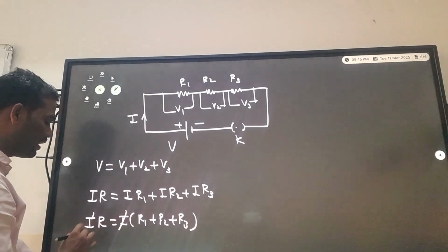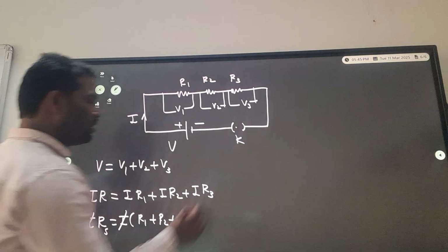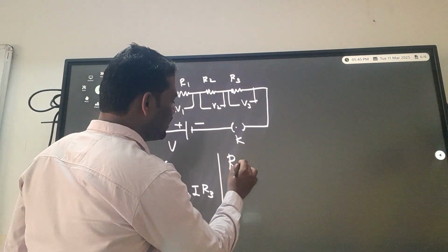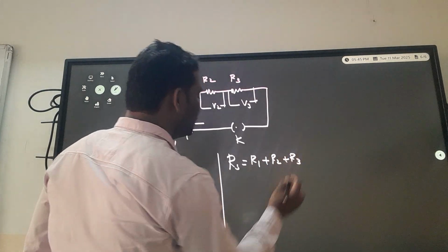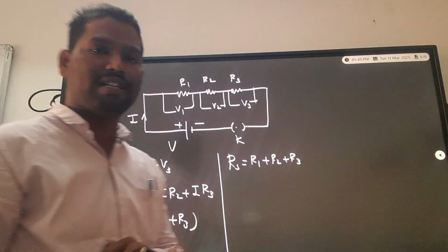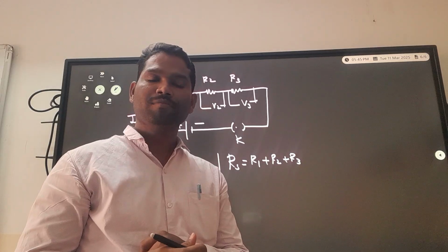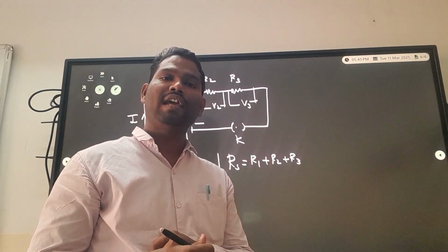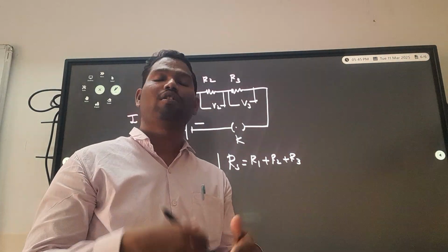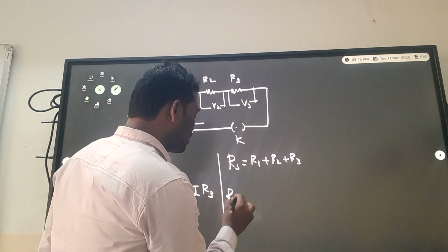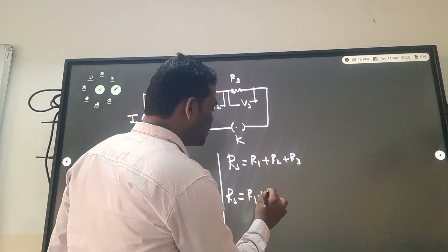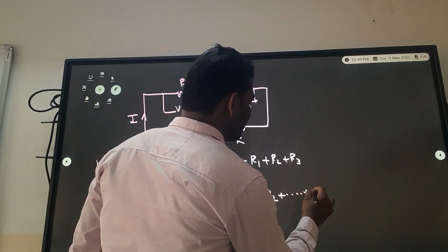Here I gets cancelled, and the total resistance in the circuit is Rs equal to R1 plus R2 plus R3. If we have n number of resistors in series combination, the total resistance will be Rs equal to R1 plus R2 plus up to Rn.